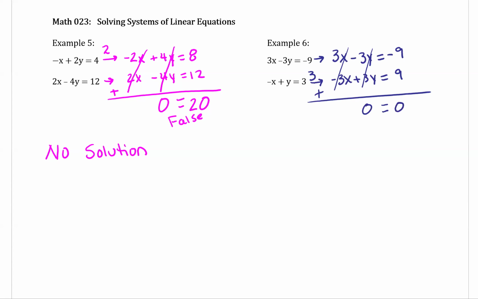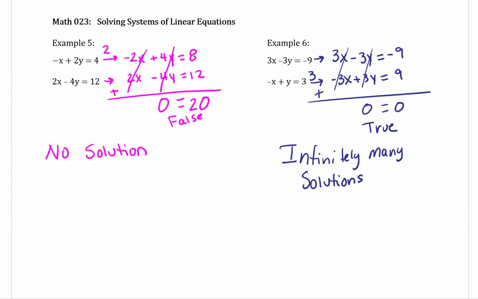So the variable's been eliminated. The result is true. So we have infinitely many solutions. So we know that those two equations are the same line.